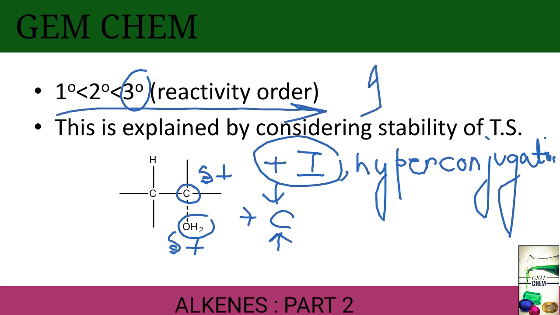So this is important. Because of the plus I effect and hyperconjugation, 3 degree carbocation is more stable than 2 degree and 1 degree cations. As a result, reactivity order also increases in that pattern, as this concept can be explained using the stability of the transition state.